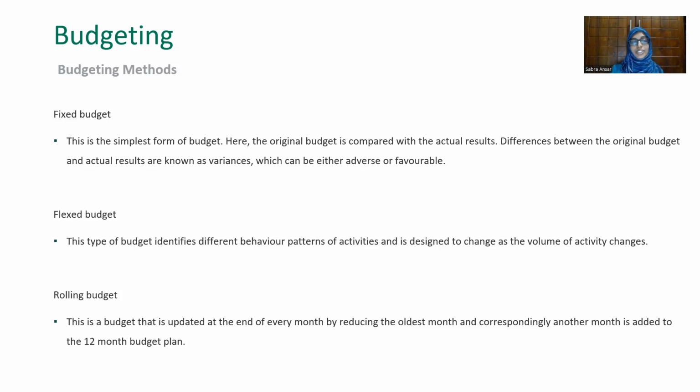Okay, so next would be the flex budget. This kind of budget identifies the behavior patterns of activities, and it is designed to change as the volume of the activity changes. Let me give you a small example.